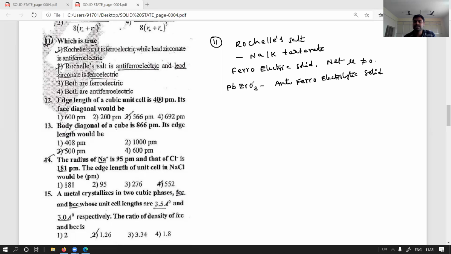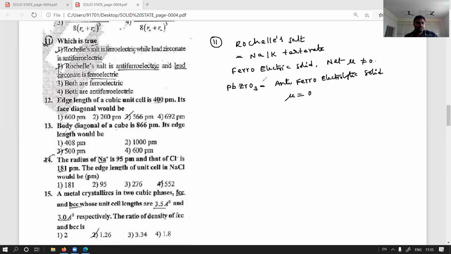So we have to remember this theoretical concept. Rochelle salt is a ferroelectric solid, its net dipole moment not equal to 0, and lead zirconate PbZrO3 is an antiferroelectric solid, its net dipole moment is equal to 0.